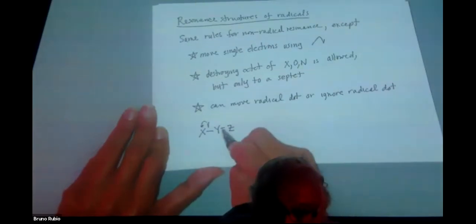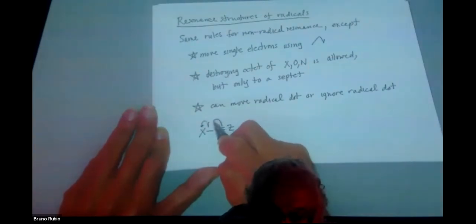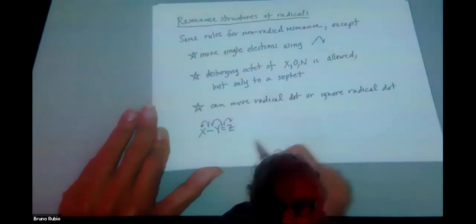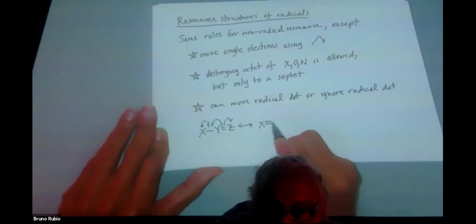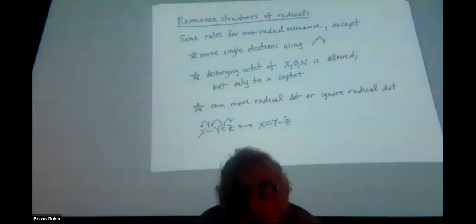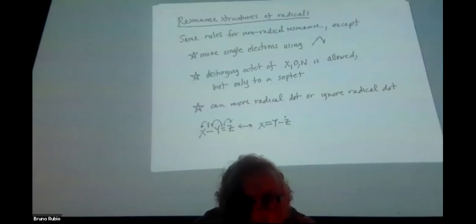So it's going to unteam the pi bond here between X and Y, and this electron flows in here, and then the other electron flows to Z. So we've put in a double bond. X is happy now. X has an octet at the price of destroying the octet on the Z.